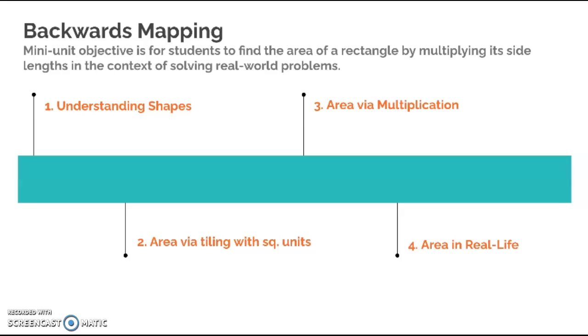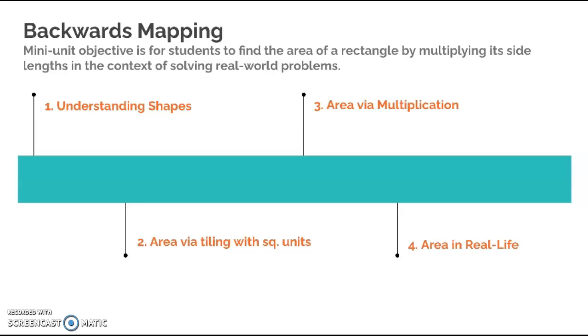So my design process for this was to work backwards. So the backwards mapping. Because I knew that the objective for the students was that I wanted them to be able to find the area of a rectangle by multiplying its sides by each other, and then put that into the context of solving real world problems, I worked backwards.